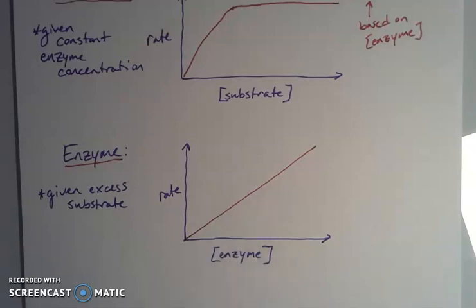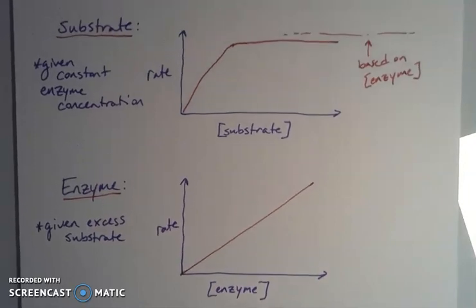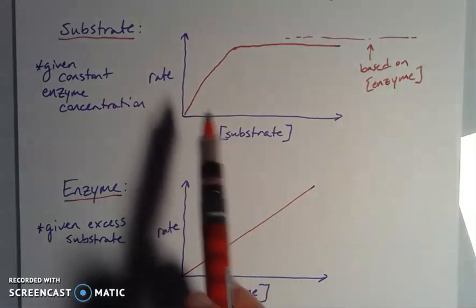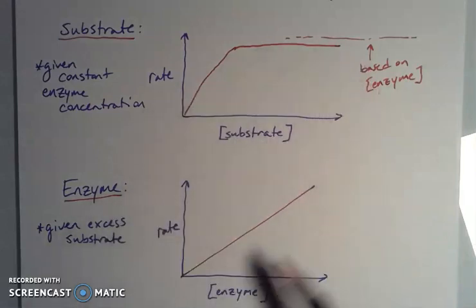But this is the difference between the concentrations. They will both initially increase the rate, but one will plateau out and the other will go to infinity given these particular conditions. So enzymes can be impacted by temperature, they can be impacted by pH, they can be impacted by concentration. A lot of these things, at least the concentration and the temperature, are similar to things that you've seen in the past about chemical rates and the things that impact chemical processes.